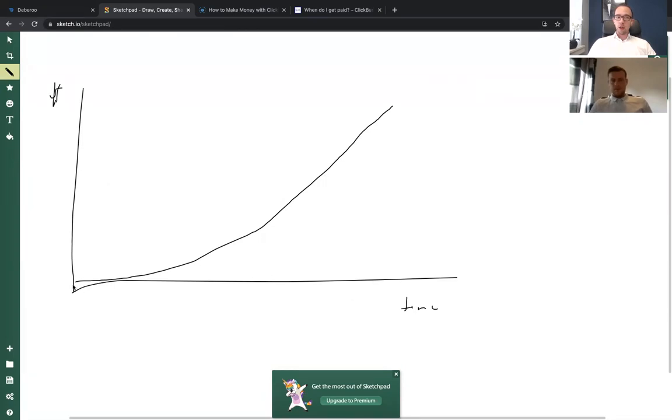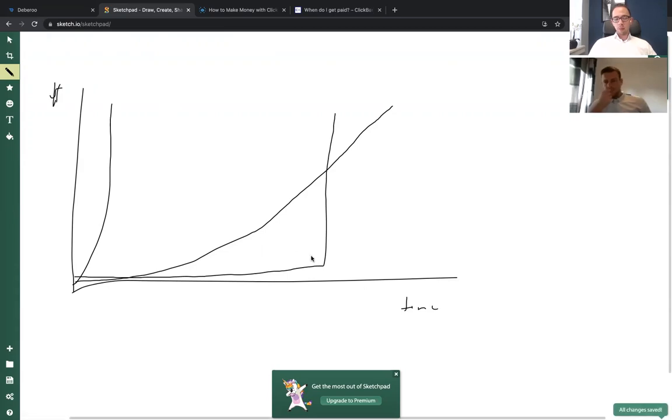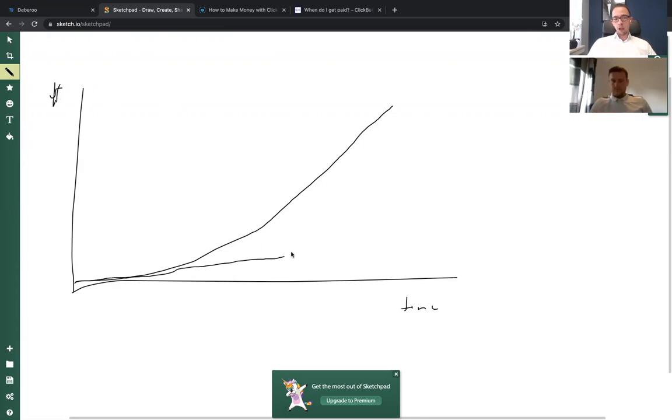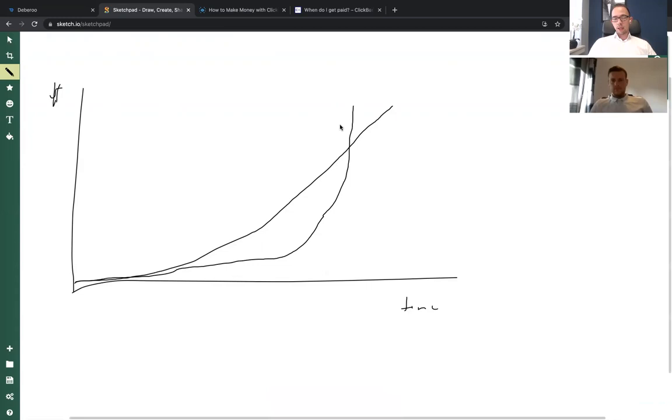Ideally, everybody wants to go like this, but what we see most often is something like this. You'll go up quite slowly, follow this graph a little, and then it will just grow exponentially. I would say that's more of a normal scenario.